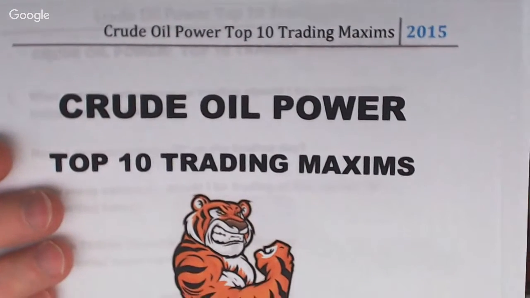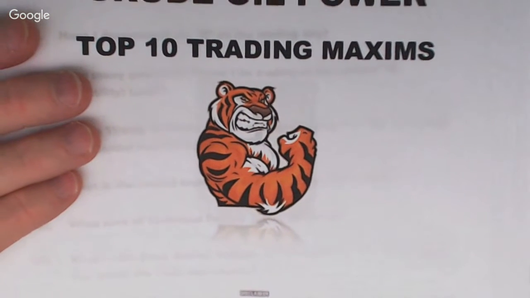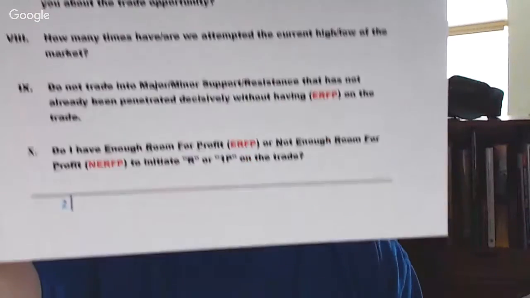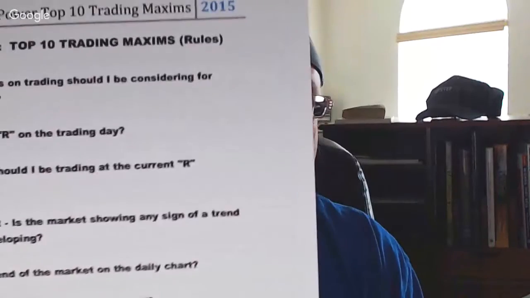Crude oil power top 10 trading maxims, and there's my big strong tiger there, which I actually bought the rights for. So that was one of those things I bought. And then there's the rules itself that you can copy. You don't need to pause it. You can just go to lesson number 1. It's inside there. And if it's not, I'm pretty sure I put it in there.